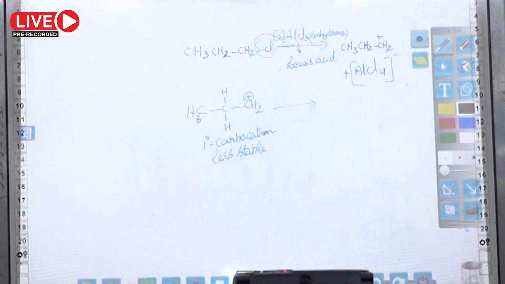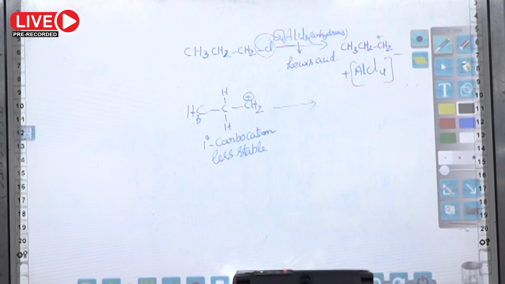Carbocations always undergo rearrangement. Rearrangement by how many ways? We many times discussed 3 ways: either by hydride shift, or alkyl shift, methyl shift, or by ring expansion.